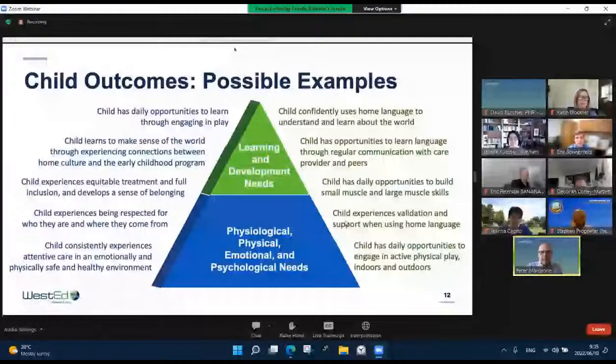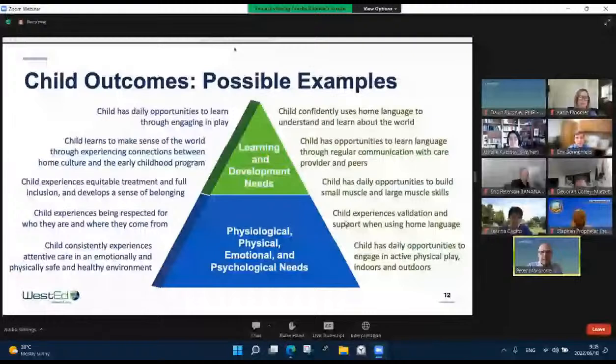So last week I presented these ideas in a list, and Carla suggested we could use Maslow's hierarchy of needs. So I'm using a simple way of showing that. And when I think of it from that perspective, one of my very first outcomes, over on the left side, is: child consistently experiences attentive care in an emotionally and physically safe and healthy environment.